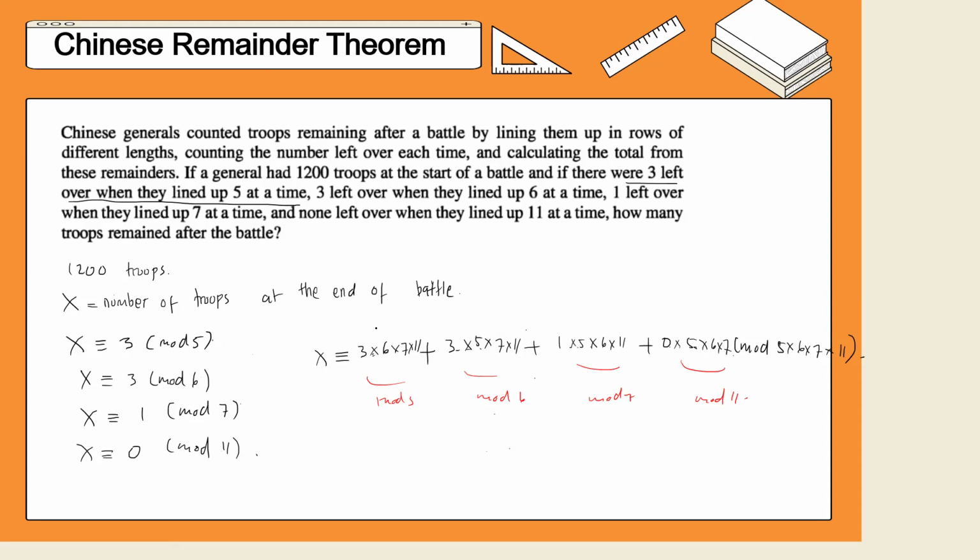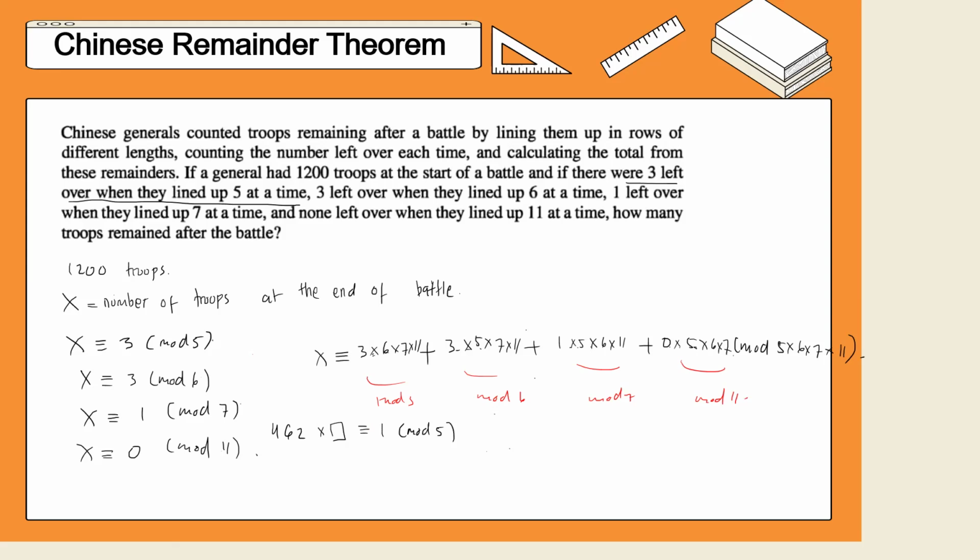Then try to find the inverse of each of these. Modulo 5, we see 6, 7, 11. If we multiply them, 6 times 7 times 11 is 462. Multiply by what to be congruent to 1 modulo 5? We have to multiply it with its inverse modulo 5.